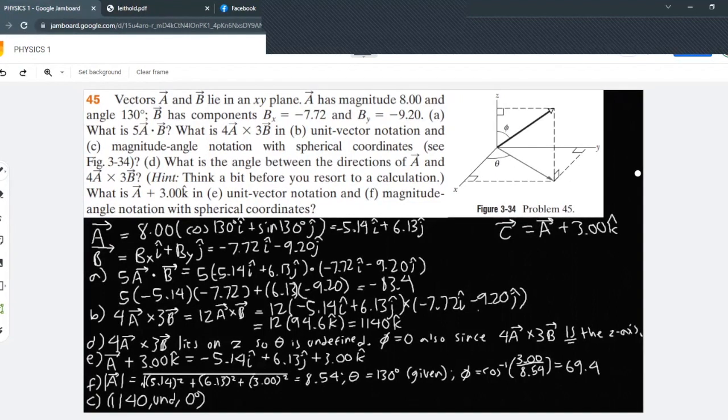And what are the directions of vector C? Kaya may mali dun sa letter F kasi hindi dapat vector A yan. That should be vector C.